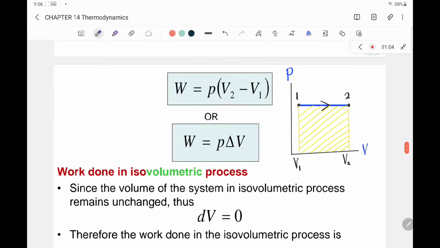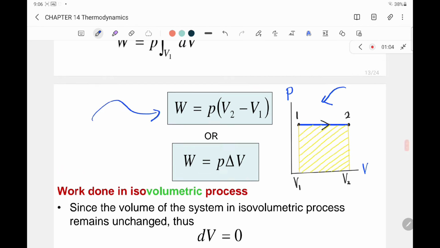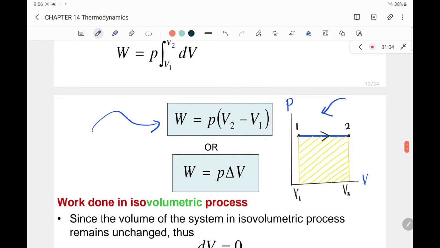So this is the PV graph for isobaric process. If we look at the arrow of the process, point 2 is the final state and point 1 is the initial state. So V1 is less than V2. The work done by the isobaric process, W is equal to P delta V, where delta V is equal to V final minus V initial.